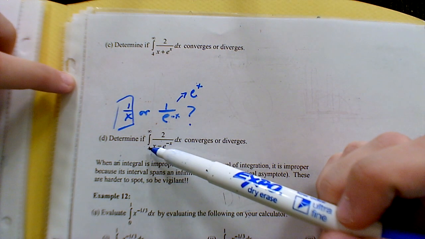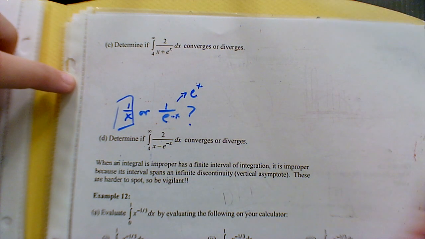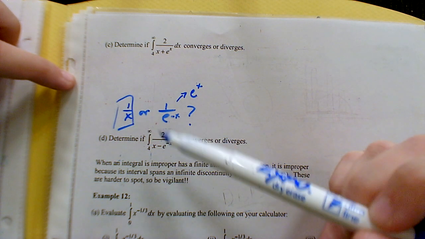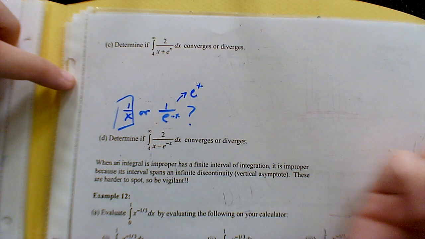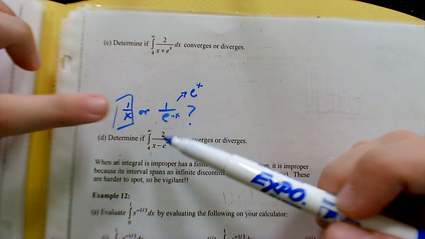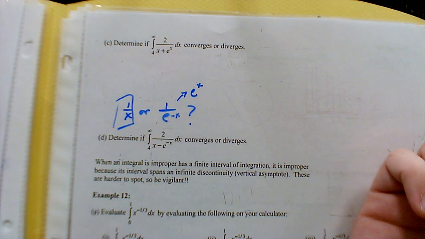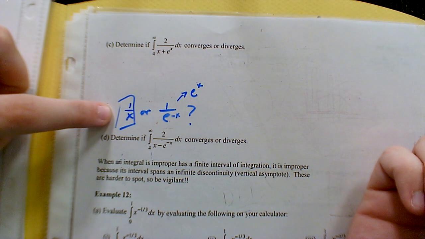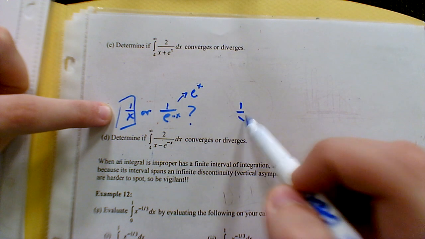If you were to pick a number between 4 and infinity and plug it in for the x in the integral, can we figure out which function is the smaller or the larger of the two? What do you think, Caitlin? 1 over x is the smaller. How do you know?